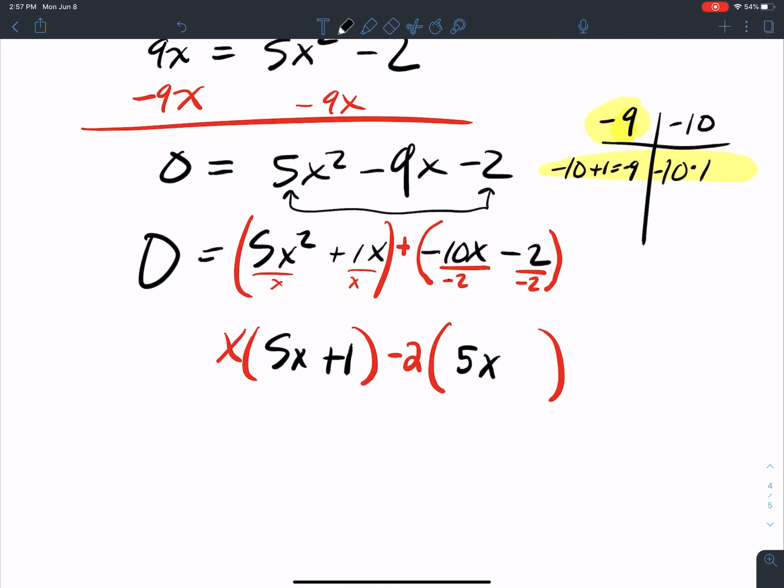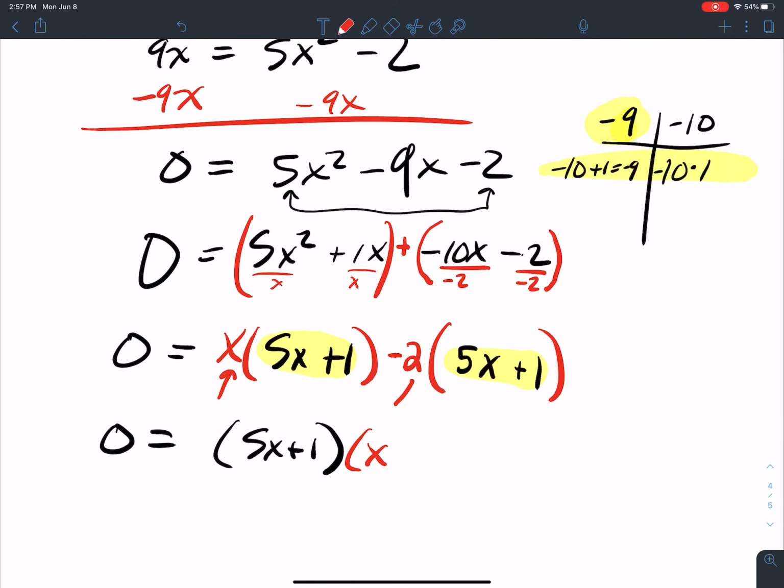So that's my 5x, and then negative and negative, that's 1. So now I'm cooking with peanut oil. I see that those two things are the same. So I have 5x plus 1 factored out. And what does that leave me with? That leaves me with an x and a minus 2 right there.